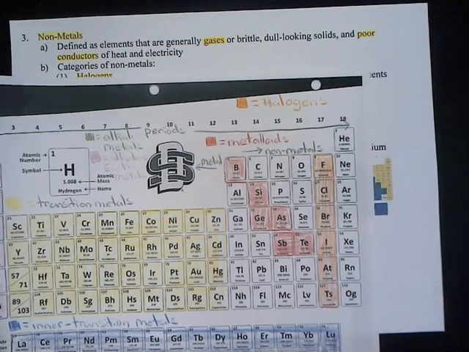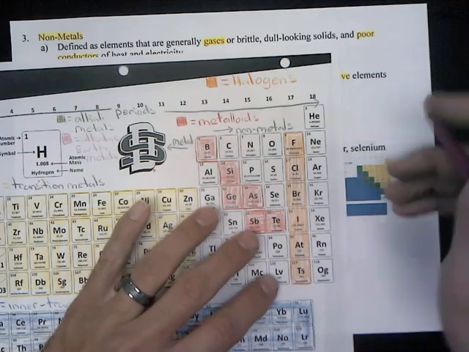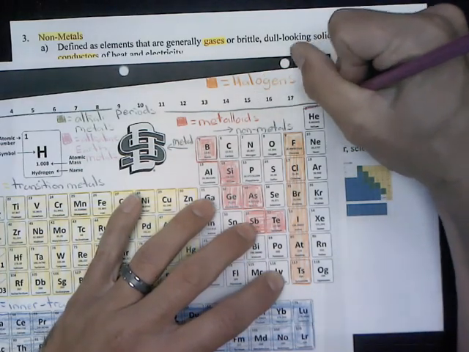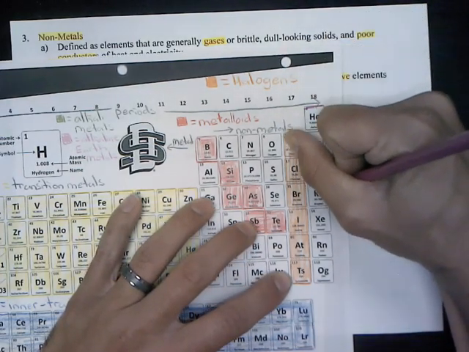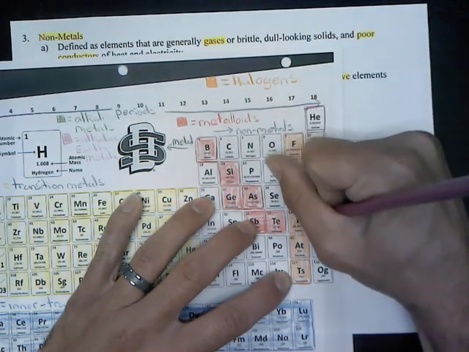All right, so now the last category that we are really going to concentrate on is the noble gases, okay? So the noble gases, what I am going to do here in magenta, I'm going to label the noble gases, which are group 18 elements, okay? So group 18 elements highlighted in this nice, pretty magenta color.